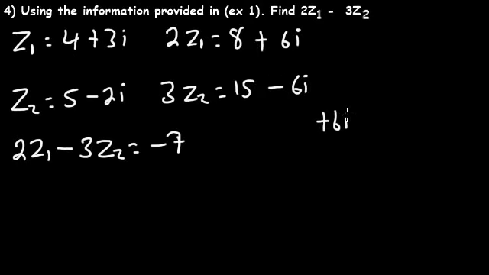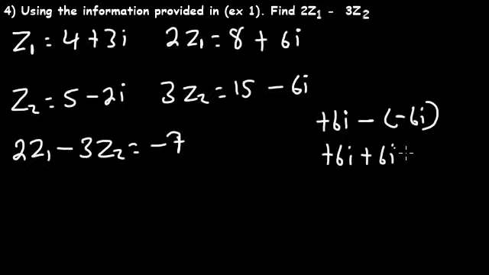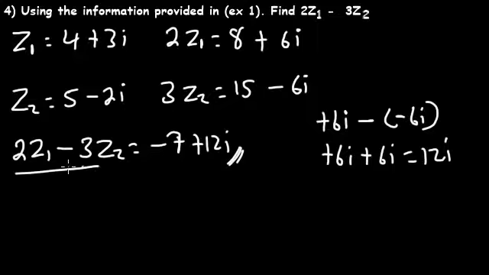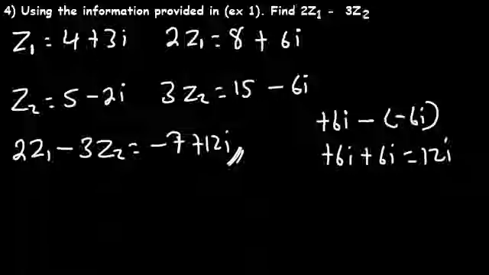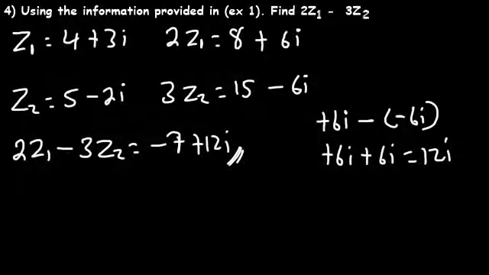That gives us plus 6i plus 6i, which becomes 12i. So that will be plus 12i. And this is the result of 2z1 minus 3z2. And that's how to easily multiply a scalar with a complex number before applying any operation on it. Perfect.